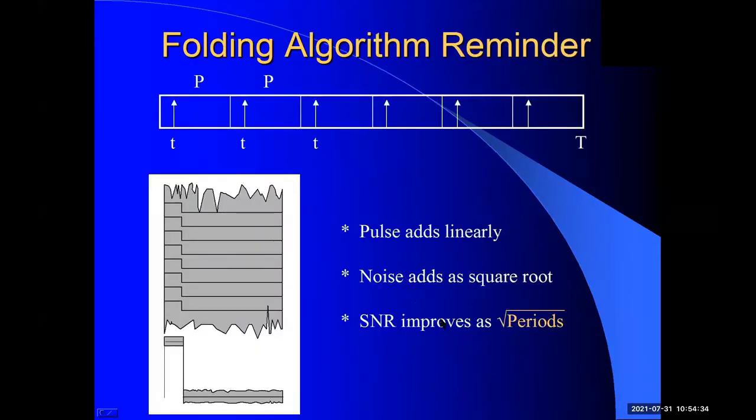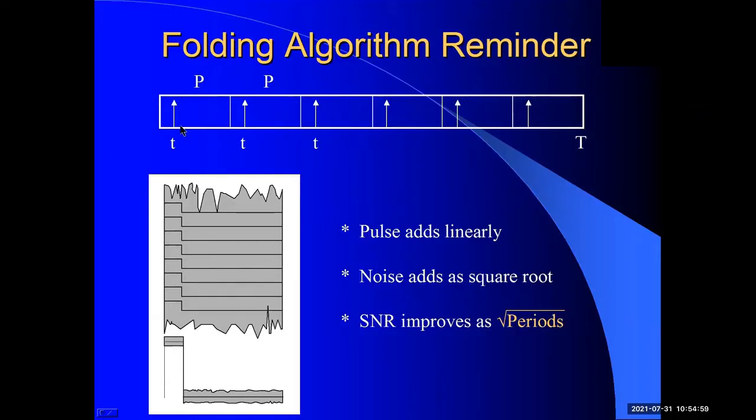Just to remind you of what the folding algorithm is all about, in case you're not all familiar with it. Basically, the folding algorithm takes your data record, this is the time that you've taken it, and chops it up into blocks in time exactly equal to the topocentric period that you put in prepfold.